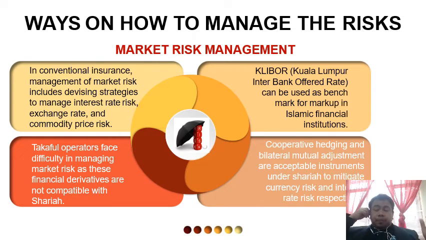There are currently some kinds of derivatives that are compliant with Sharia. Again, it is debatable whether that is completely compliant or not. Some scholars allow it, some do not, so I will not go into the detail of that.